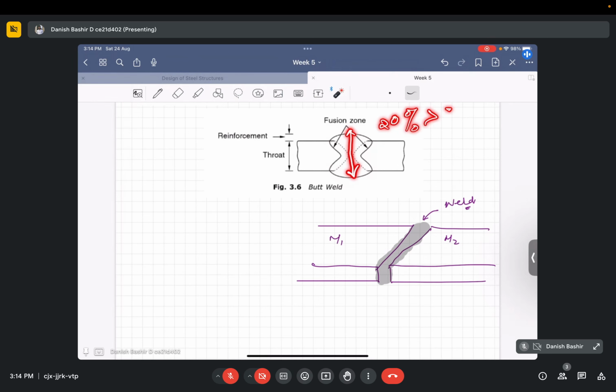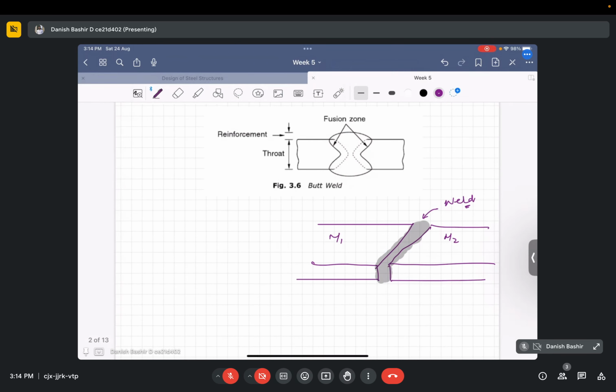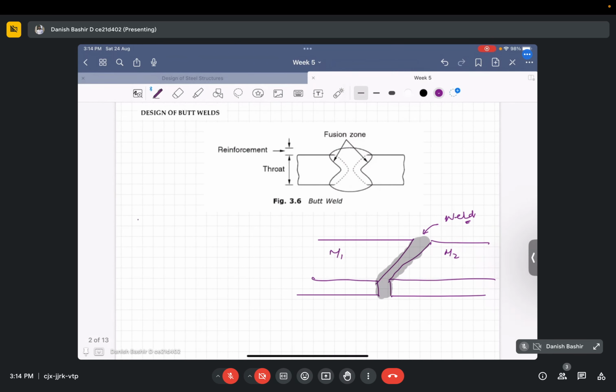I am writing it by this method. Let me write it for you. Reinforcement, I am writing as RF.